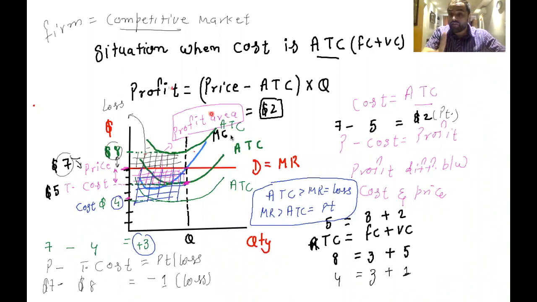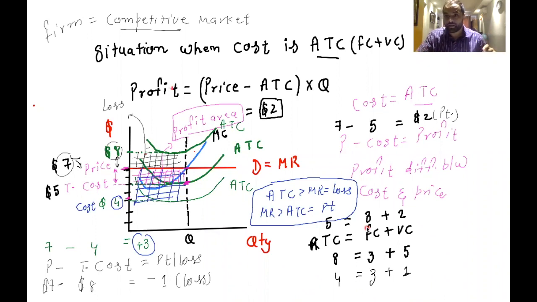Remember, a firm will not exit the market if the situation is profitable. Why would a firm exit the market? Because the firm is making money. There's no reason to leave the market. We join the market to make money. If the market has a profit, then we will not leave the market. We'll remain, stay in the market, sell the product, make money.